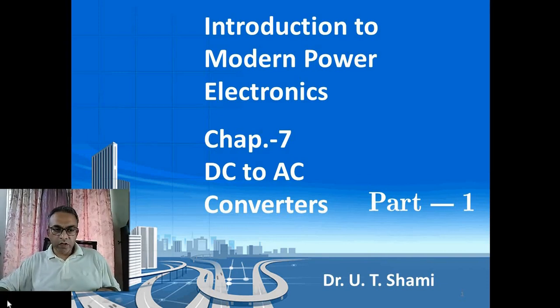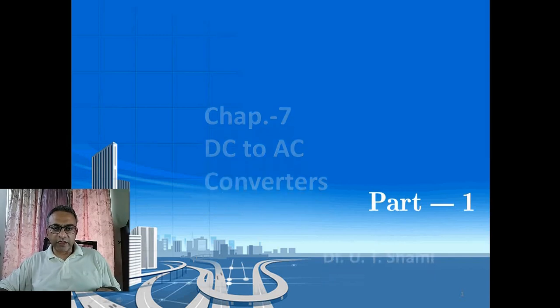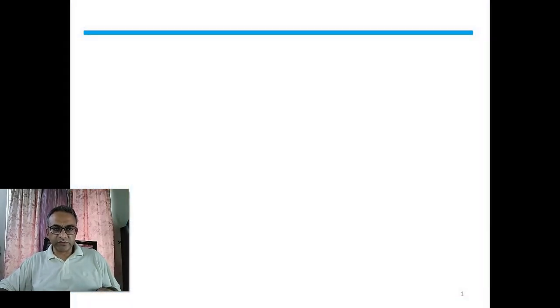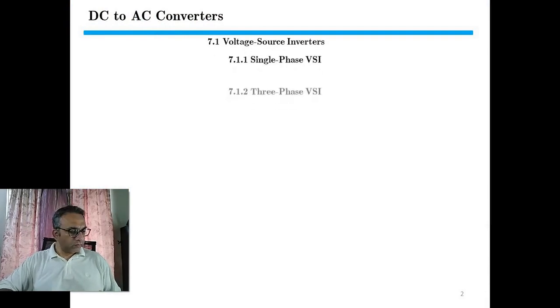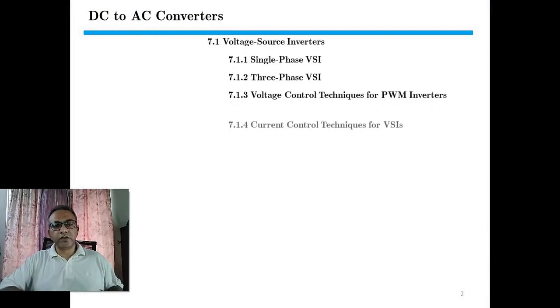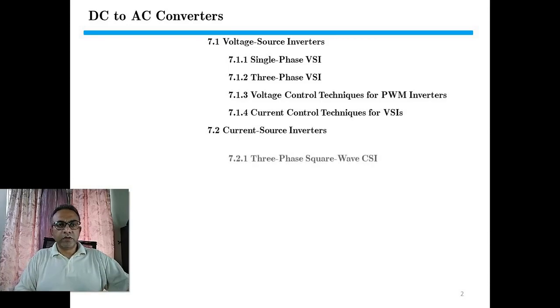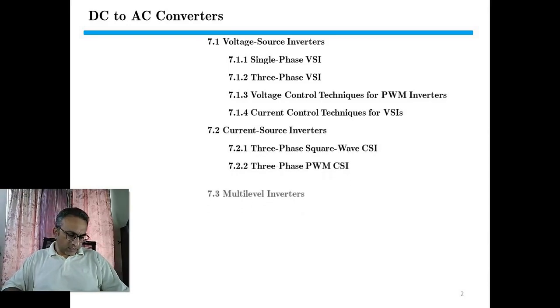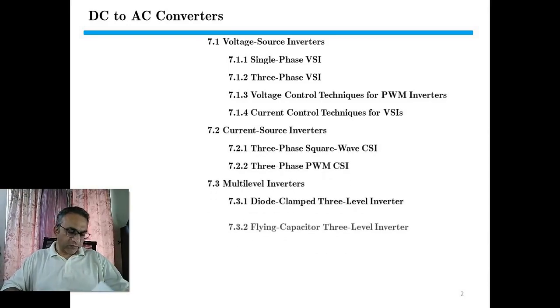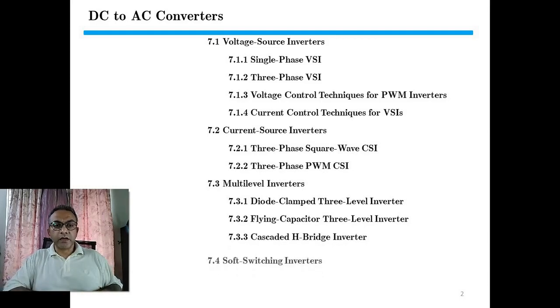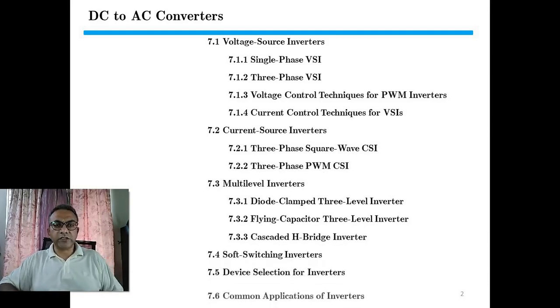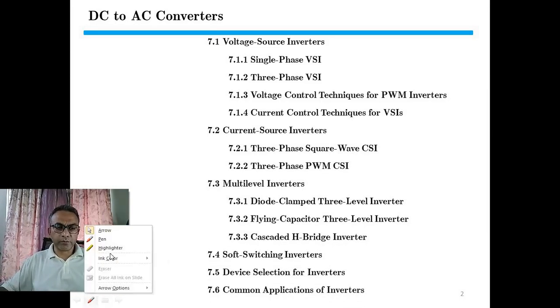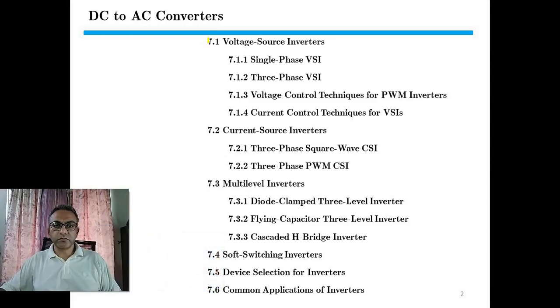So the course contents of chapter number 7 are as follows. First of all, the title is DC to AC converters, and the contents of the chapter include article 7.1 voltage source inverters.